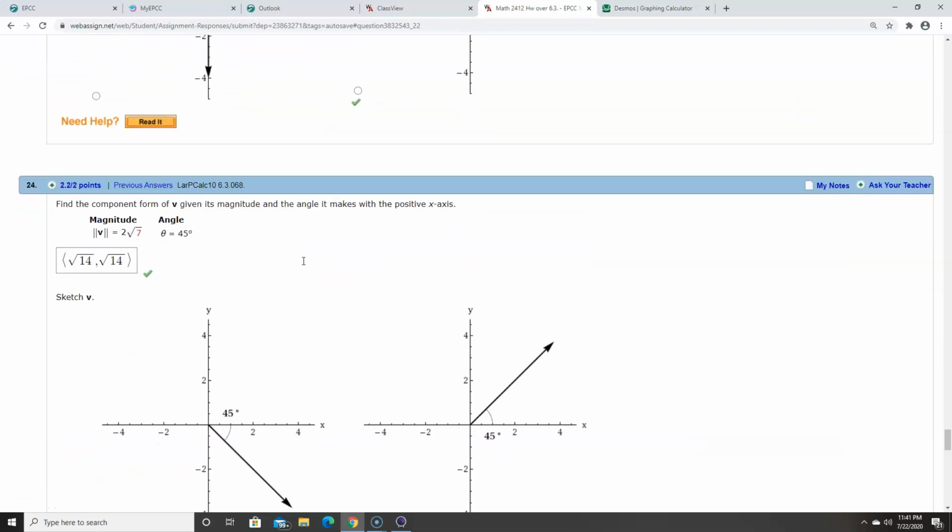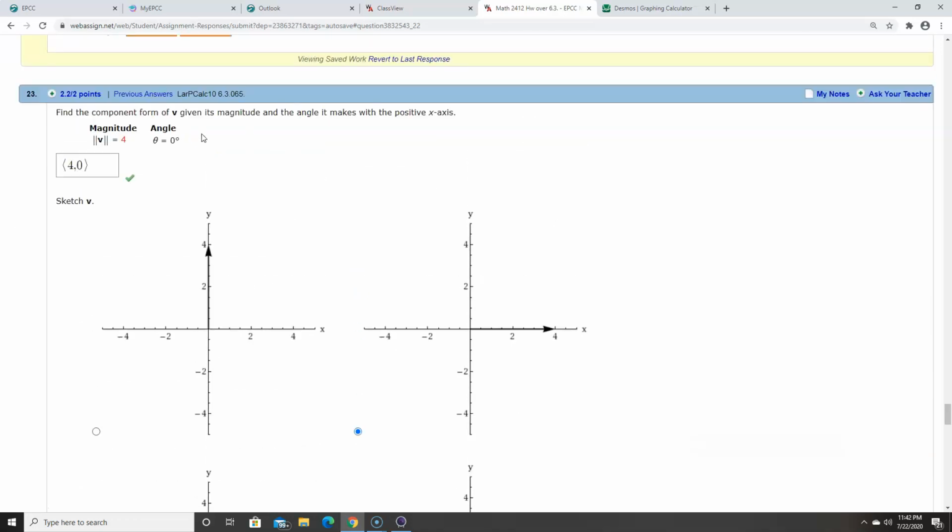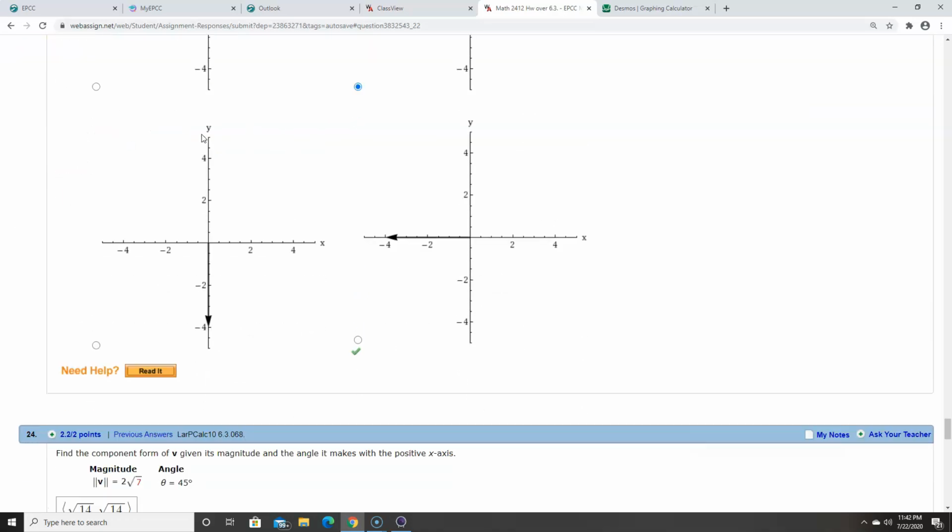Next, I'd like to help you with 24. Same directions, I think. Yeah. They give us the angle and the magnitude. Find the vector in component form.